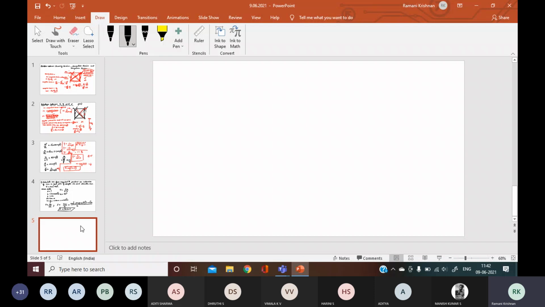Right. Now let us go for the second and the last one for today. I think you want it enlarged. Okay. Calculate the extension produced in a wire.